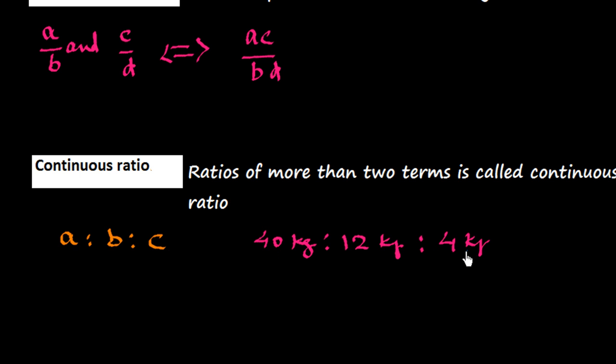If we divide by the highest common factor of 40, 12 and 4, which is 4, we get 10 is to 3 is to 1. So this is the consumption of wheat, rice and sugar in a family. So in this way we could find out the continuous ratio also.